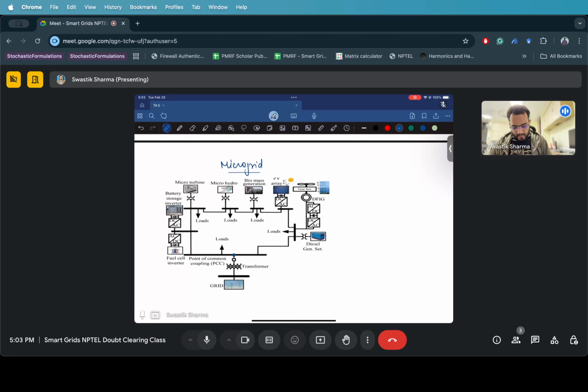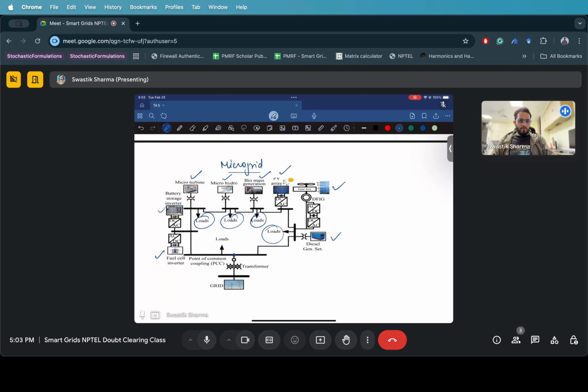There are many loads, and you have generation available on the distribution side, through diesel generators, DFIG, PV arrays, biomass generation, micro hydro, micro turbines, BESS systems or fuel cells, right? All this localized energy helps you sustain yourself even when the grid is not in contact with the system.